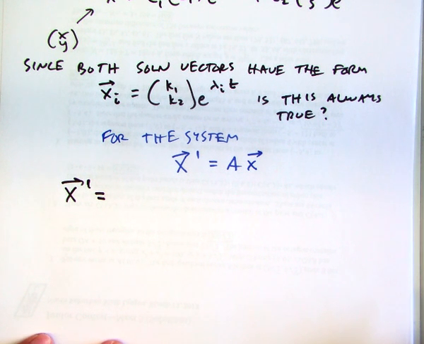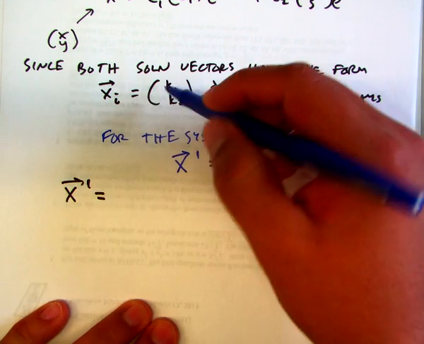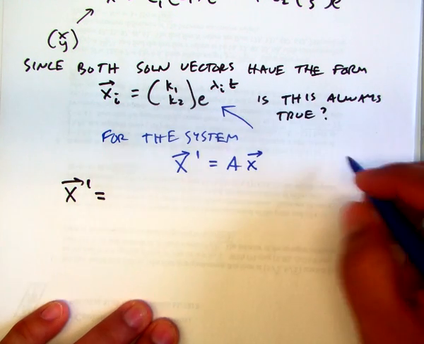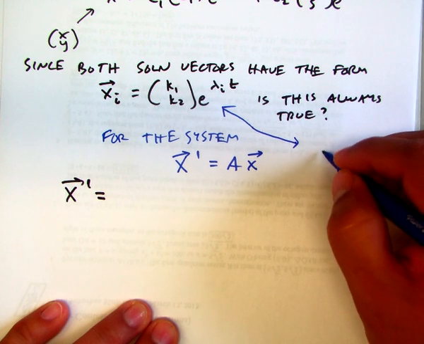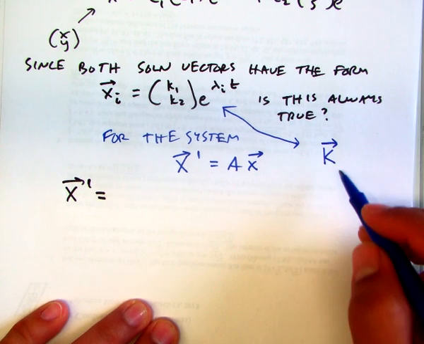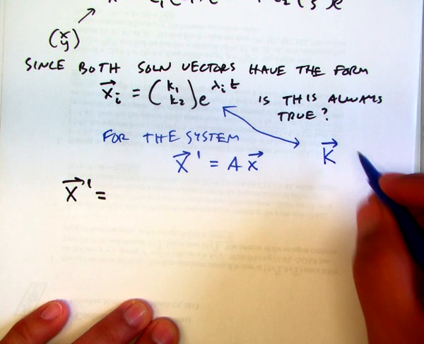Let's rewrite this solution vector as a column vector, k e^(lambda t).